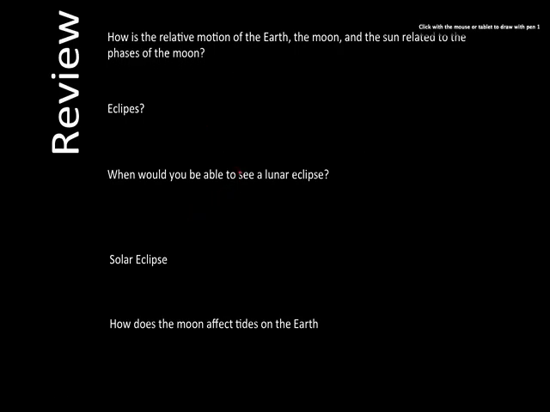When would you be able to see a lunar eclipse? You would be able to see a lunar eclipse when the sun, the Earth, and the moon are right in this fashion here. And so the Earth is in between the moon and the sun.